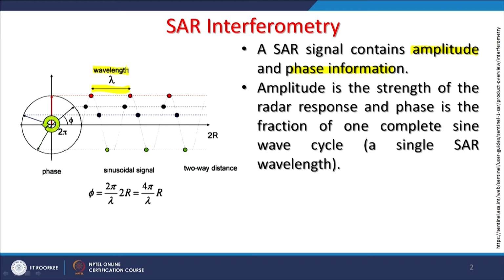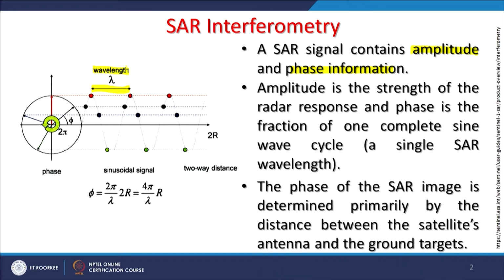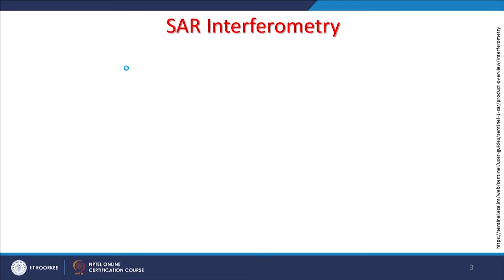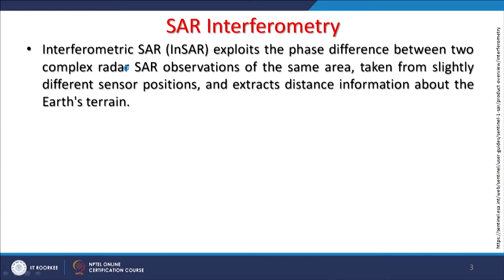And the phase of the SAR image is determined primarily by the distance between the satellite's antenna and the ground targets. So, this phase is based on how far the antenna is from the target.